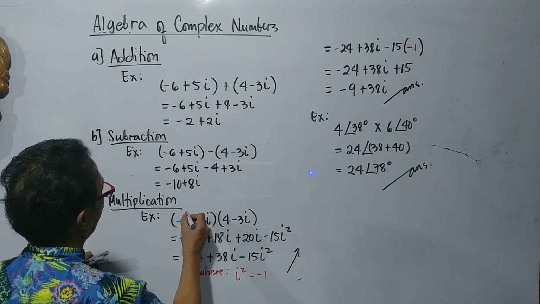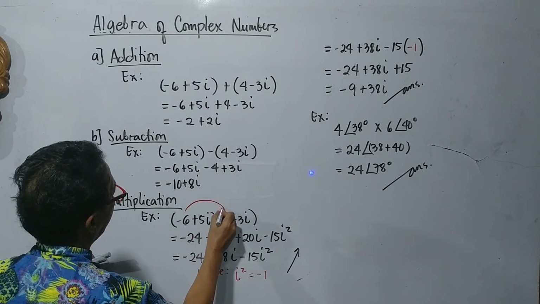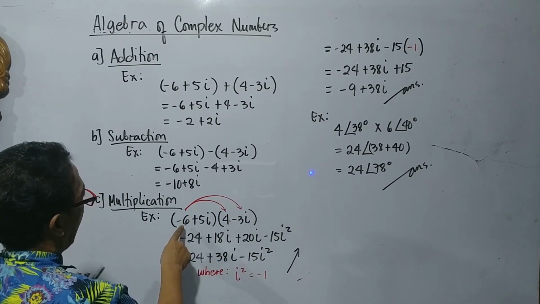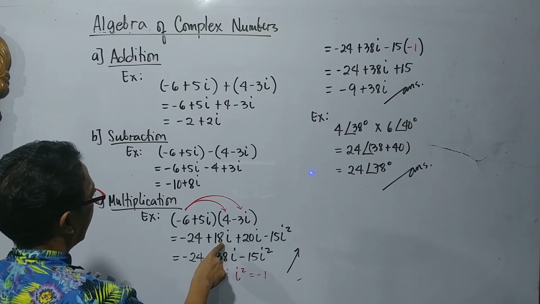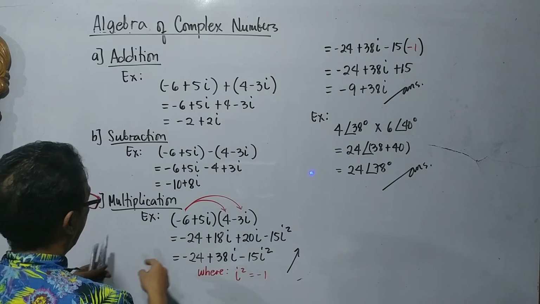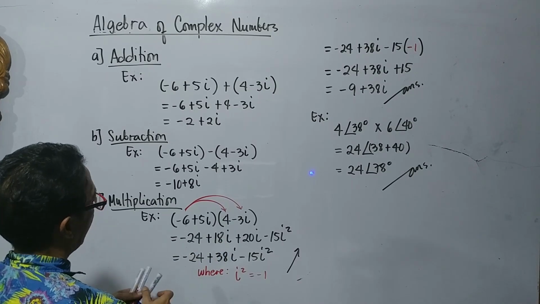Multiply the first term with each term of the second term. So, we have negative 24 plus 18i, 6 times 3, 18i. Then the other one.